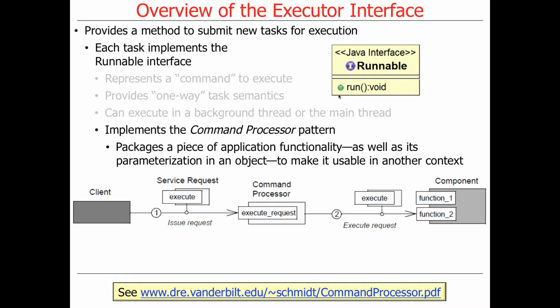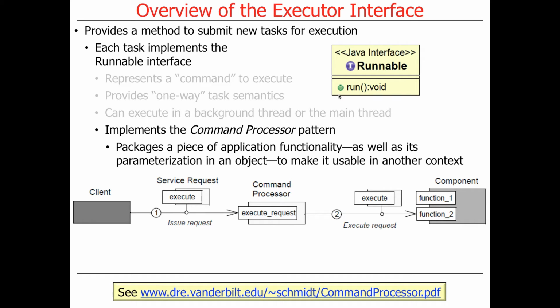That's a pattern that appeared in one of the Pattern-Oriented Software Architecture books, Volume 1. The command processor pattern basically packages functionality into an object and allows that object to be reused later in another context. In this case, the context is typically a different thread. Or if you're using the scheduled executor service, at a different point in time in a different thread.